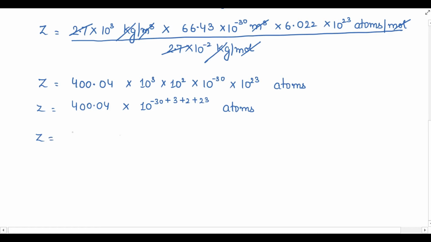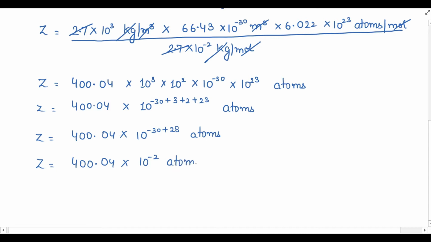So Z equals 400.04 × 10^(-30+28) atoms. So minus 30 plus 28 will be minus 2. So 400.04 × 10^-2 atoms. Here minus 2 means 1 by 100.